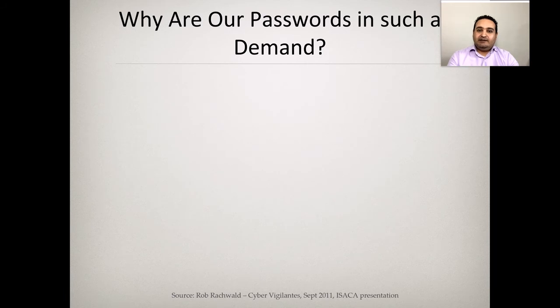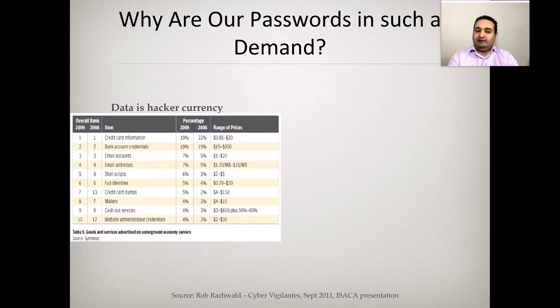So why our passwords are in such high demand is because data is hackers' currency. And you will see some examples of what your credit card information is worth. The worth of your credit card information can go, in the black market, from 85 cents to $30, and so on.